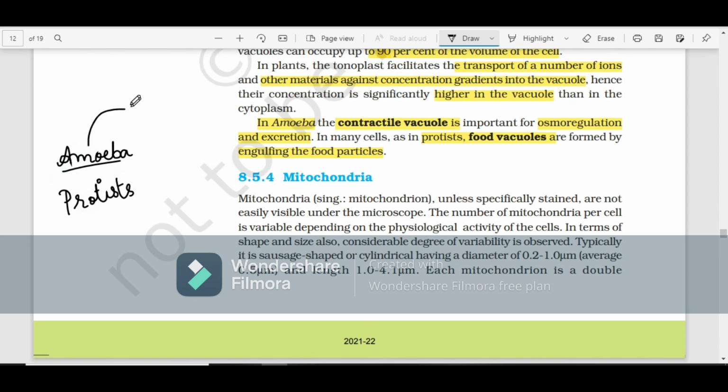Amoeba has a contractile vacuole while protists have a food vacuole. The contractile vacuole helps in osmoregulation and excretion, correct? And the food vacuole helps in engulfing the food particles. I mean, a food vacuole engulfing the food particles makes sense, right?